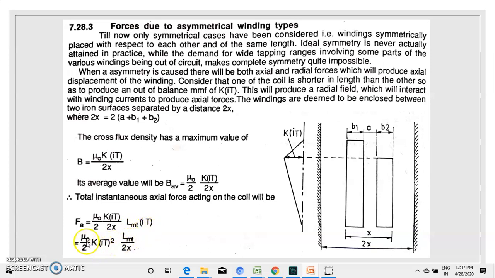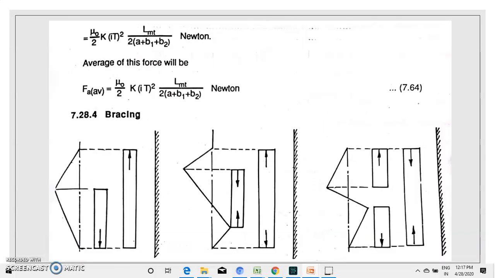So you will get mu 0 upon 2 K into (I into T) square LMT upon 2x, and just substitute the value of x, that is a plus b1 plus b2. So finally you will get the average force, FA average, equal to mu 0 upon 2 K into (I into T) square LMT upon 2 into (a plus b1 plus b2).